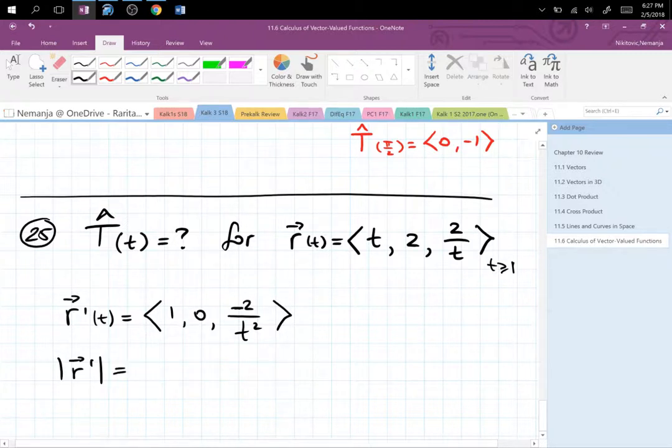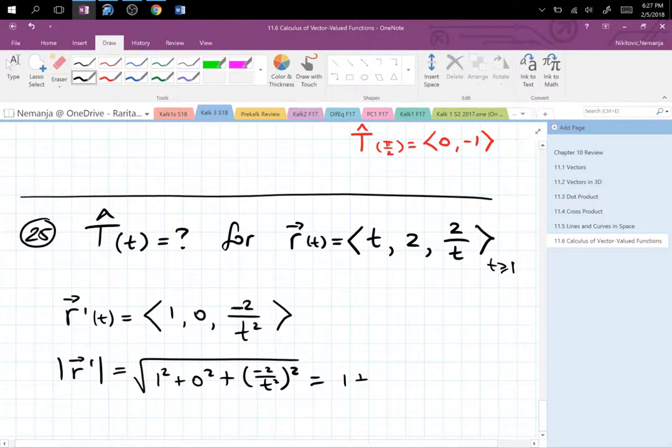Now we have the magnitude: it's a square root of 1 squared plus 0 squared plus negative 2 over t squared, everything squared. This becomes the square root of 1 plus 4 over t to the 4th.